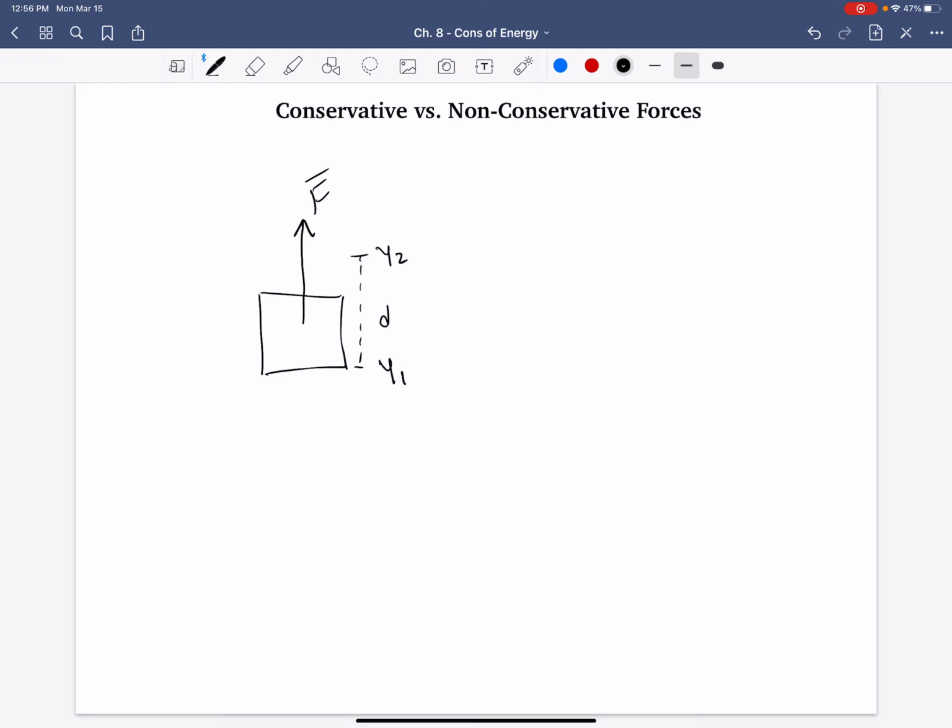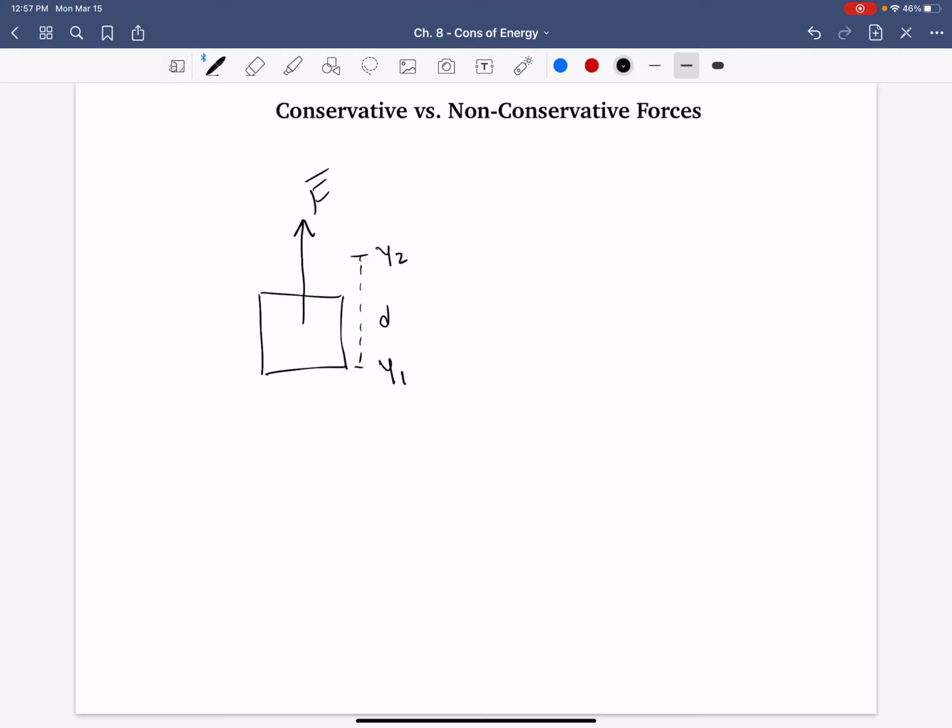It does positive work because that applied force is in the same direction as the displacement, F dot dr. Now, as the box is moving from the initial height to the final height, there's also another force acting on it.